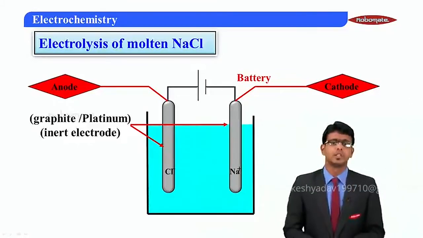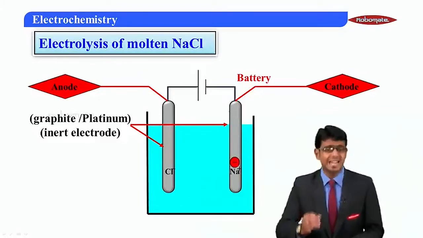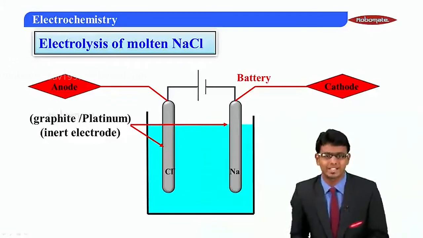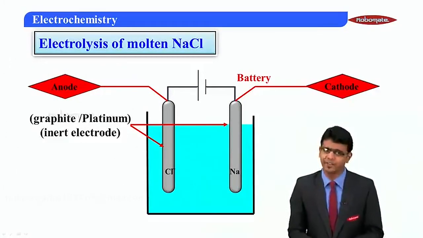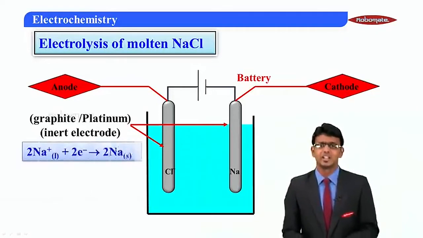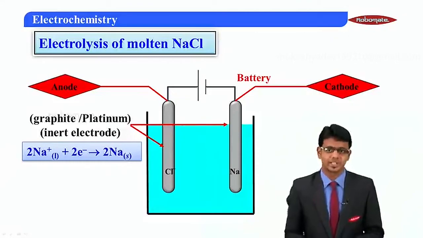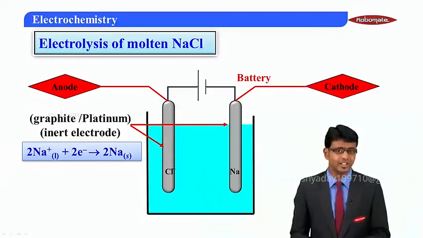Have a look here. Electrons will enter the cathode. Na plus ions will take up these electrons and get reduced to sodium metal. The reduction half reaction goes like this: 2 Na plus in the molten state, plus 2 electrons, giving us 2 Na solid.